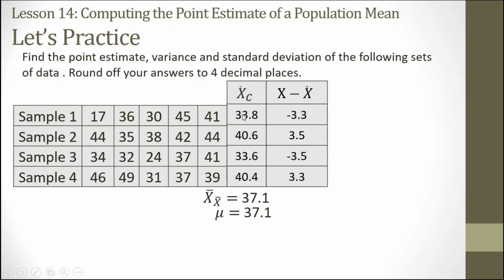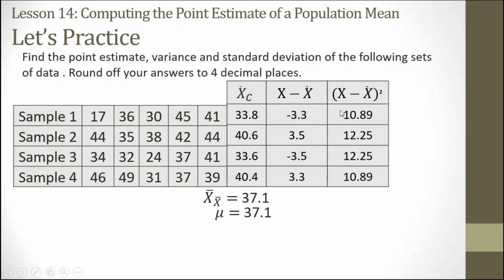So, ito minus ito is negative 3.3. 40.6 minus 37.1 is 3.5. 33.6 minus 37.1 is negative 3.5. 40.4 minus 37.1 is 3.3. Next, i-square lang natin yung nakuha natin dito. Ayan. So, pag i-square natin yan, ito lalabas.